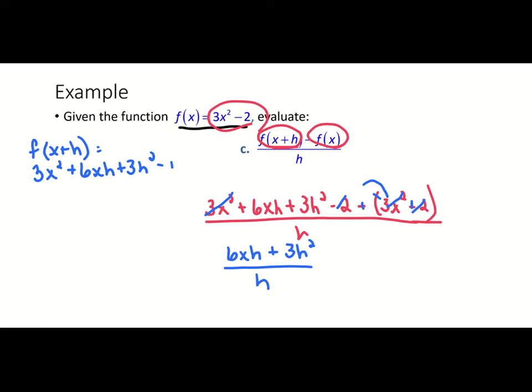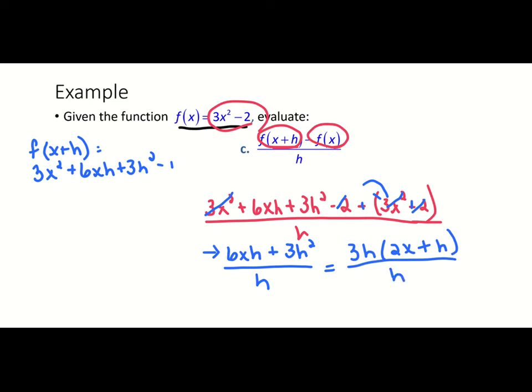Now, some of you are like, well, can we simplify and pull out an h? We can, but we cannot just cancel our h's right now, because remember, then you would be busting up a family. Excuse me, and we don't do that. We don't bust up families, but we can factor this top and then pull out an h if we can. So they both have an h, and they actually both have a greatest common factor of 3. So I'm going to factor out 3h, which will give me 2x plus h here, all divided by h.